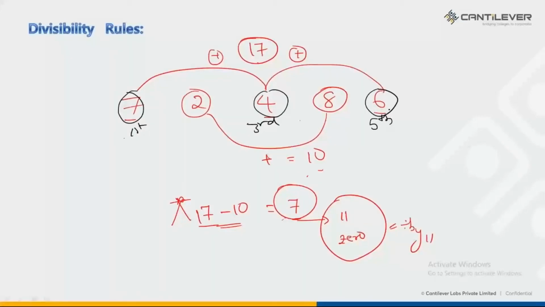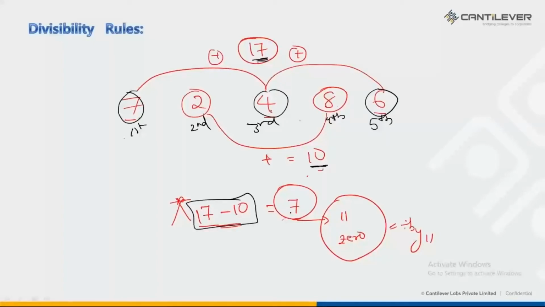Add them: 6 plus 4, 10, 10 plus 7, 17. And the even position numbers, that means second place, fourth place. If you have a sixth place as well, add that number. You're having only two places, second and fourth, add those two. 2 plus 8, 10. Now subtract this resultant from this resultant.